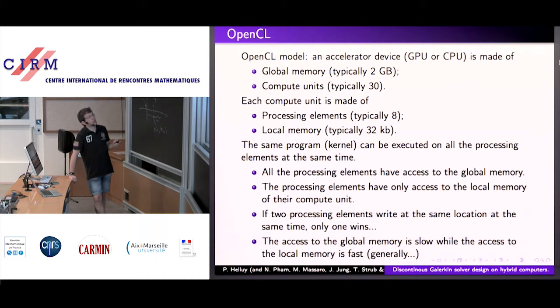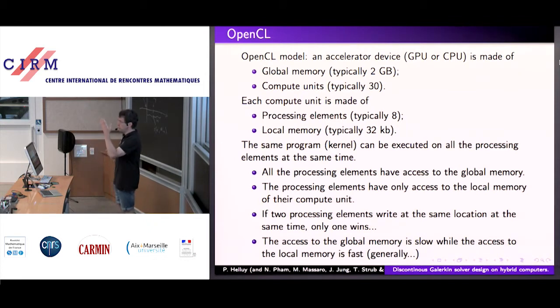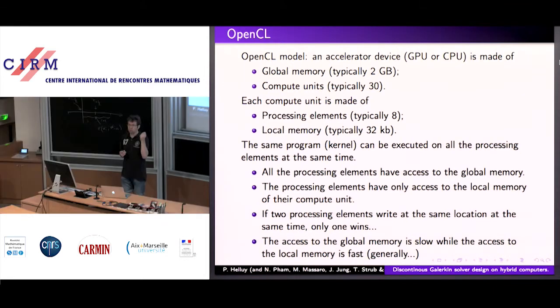So the first rule is that all the processing elements have access to the global memory. This is what makes OpenCL very interesting: you can access the memory of the GPU as you want. You can read and write everywhere with all the processors. But if you want to be efficient, if you want to be fast, it's better to use the cache memory, but the processing elements only have access to the cache memory of their compute unit.